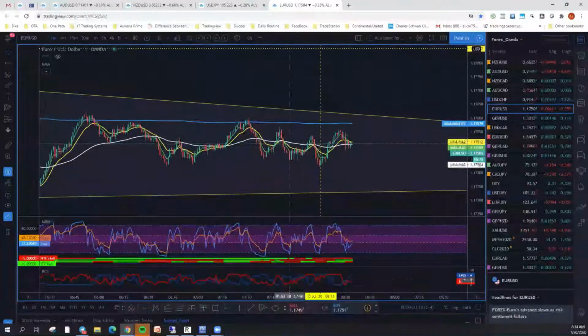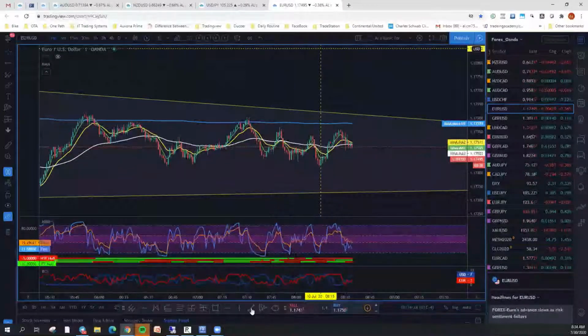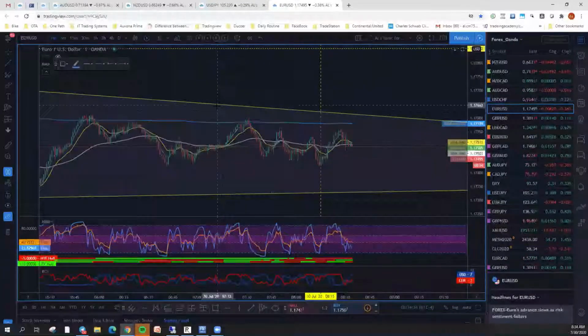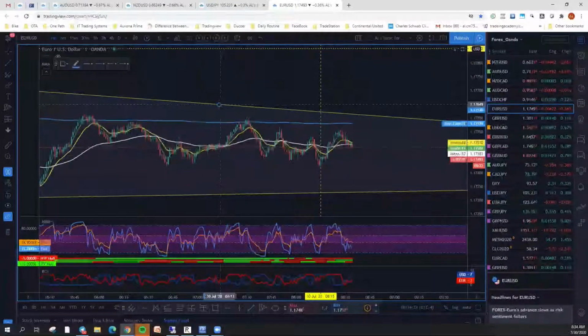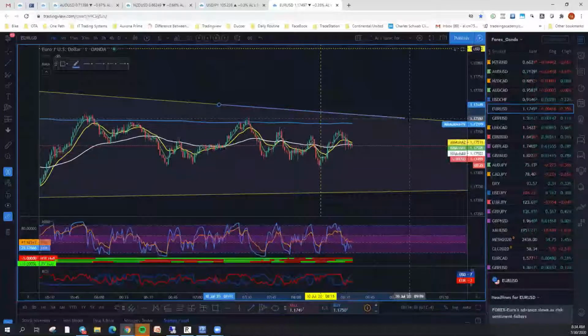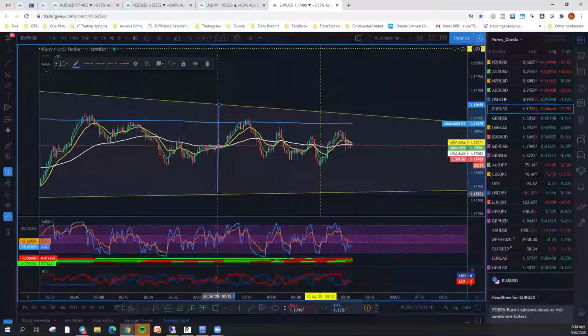Get this out of the way. And so we have our trend line, come over here, get on top of our upper band. Actually, while we're doing this, let me put a stick in here.